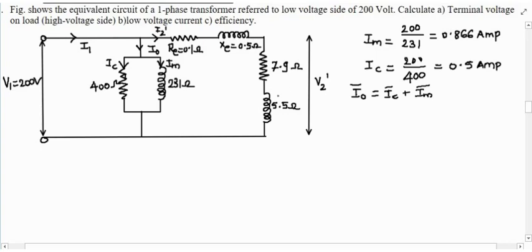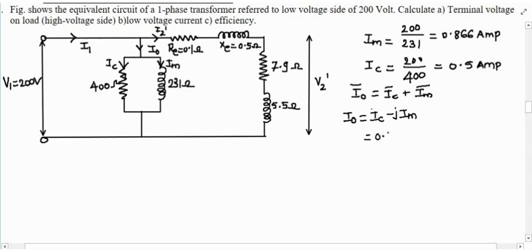I0 in terms of rectangular form, I will write down IC minus J IM, because this is the magnetizing component and we have to write it as a minus.